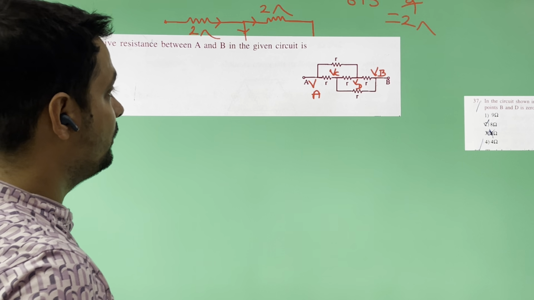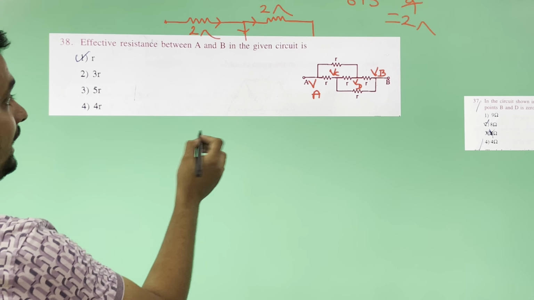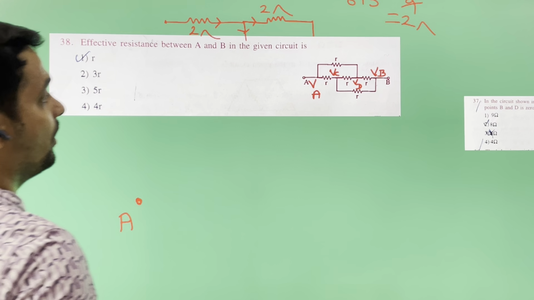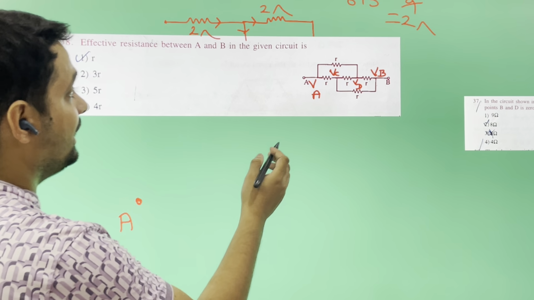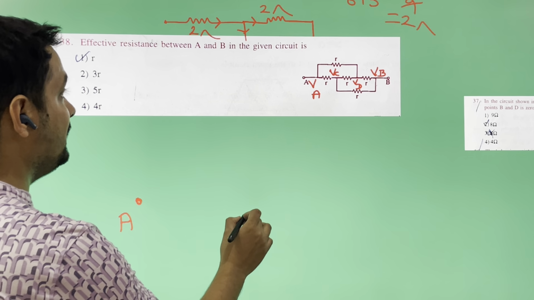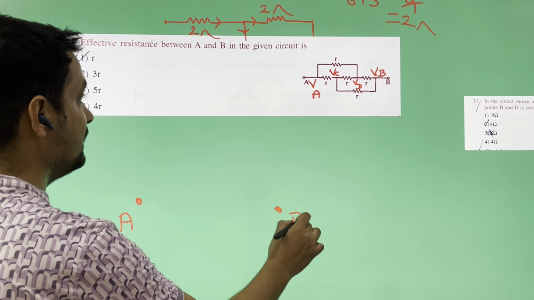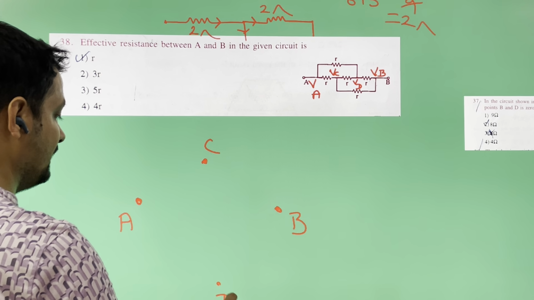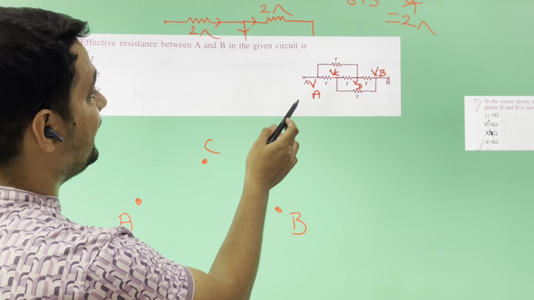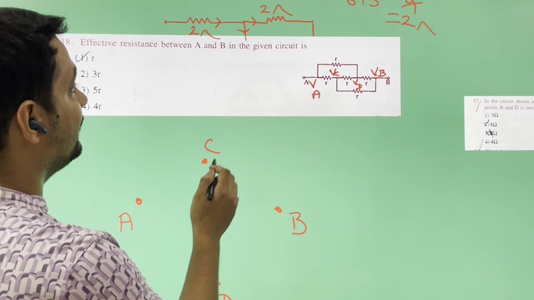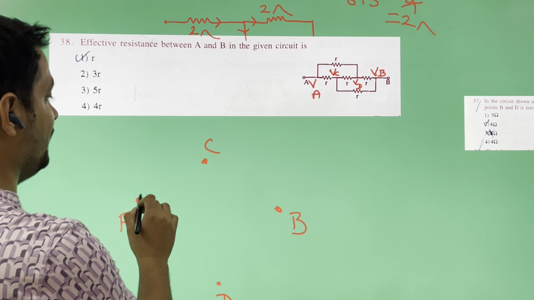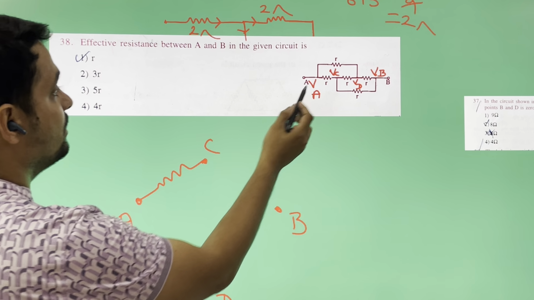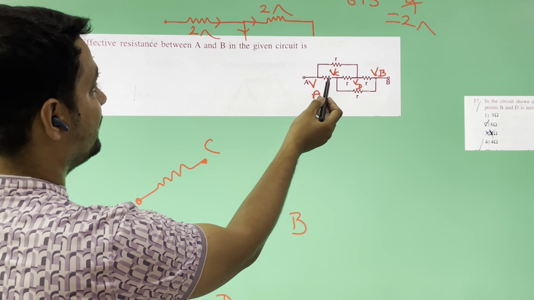You can also take the points as A, B, C, D. So here point A, and you just draw it in the form of a regular Wheatstone bridge: A, then B, here you draw B, then C, and then D. Between A and C there is one resistor R.